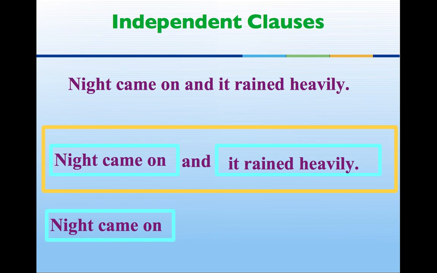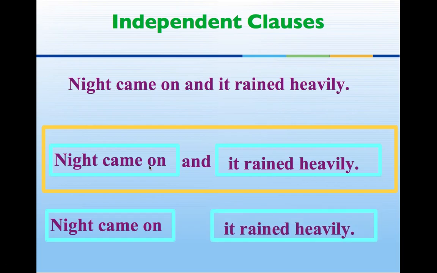Night came on. Is there any confusion with this clause? If there is no confusion, it means this part can stand as a sentence when we separate it from the sentence. And the next part, it rained heavily. Is there any confusion or any question that arises here?